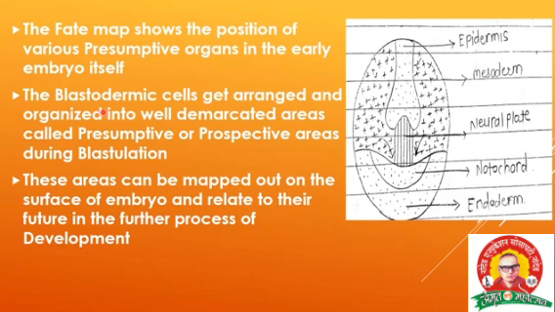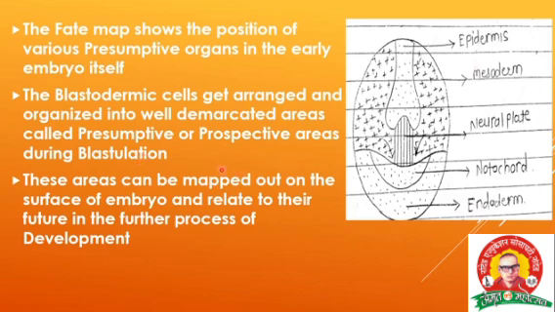The blastodermic cells get arranged and organized into well demarcated areas called presumptive or prospective areas during blastulation.